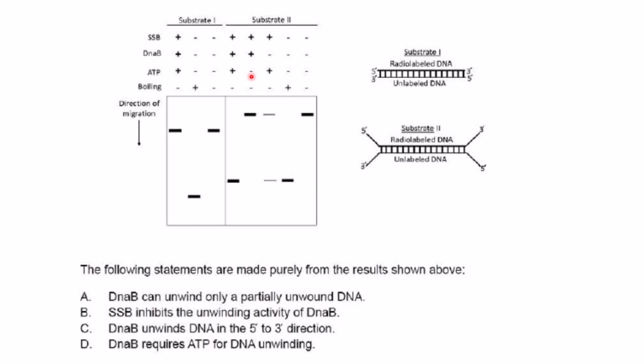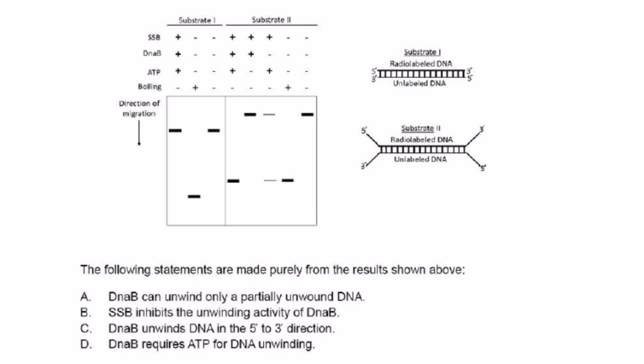So this states that DnaB will act only on a partially unwound DNA, not on a DNA which is fully wound and perfectly double-stranded. It will act on a partially unwound DNA.